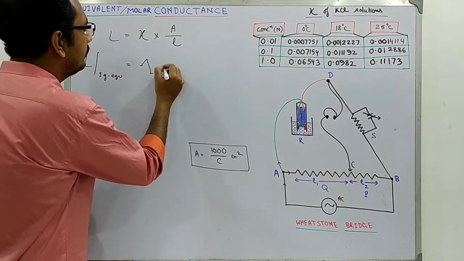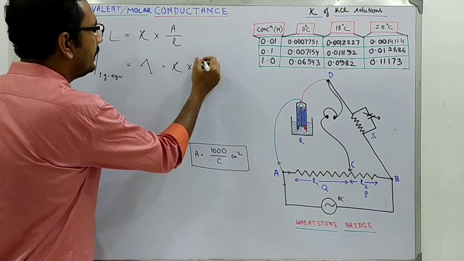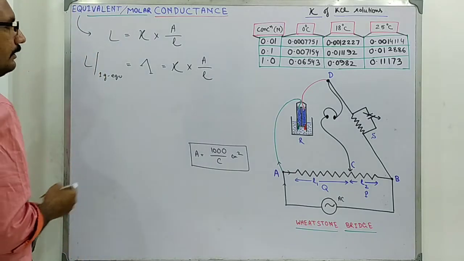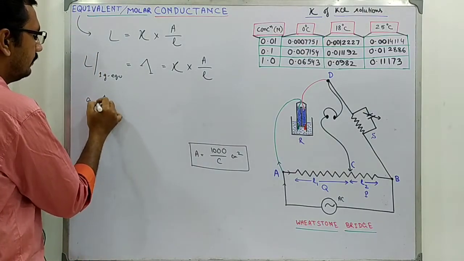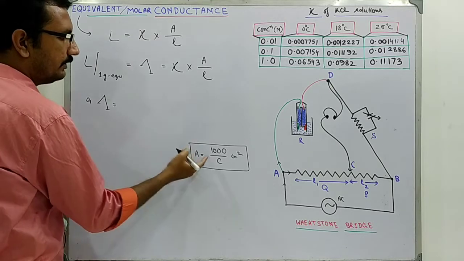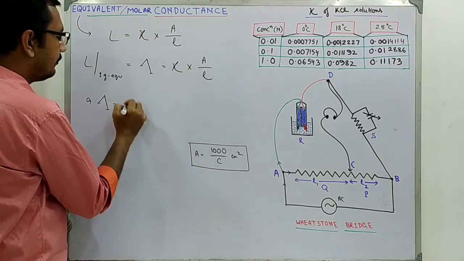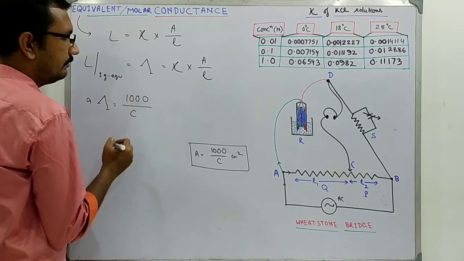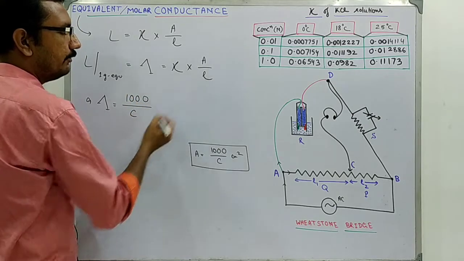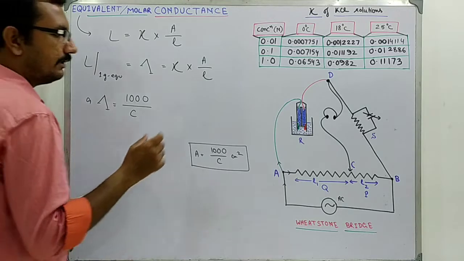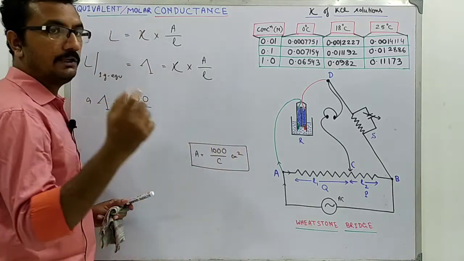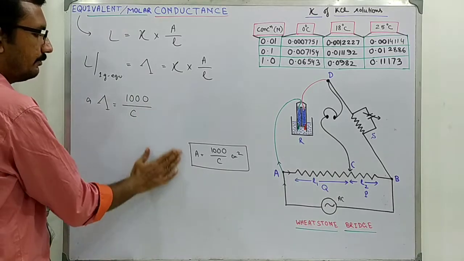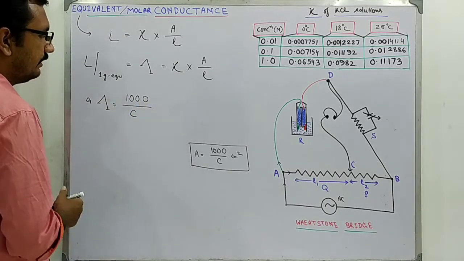So, that will be kappa into A by L, or lambda equals, put the value of the surface area of the electrode. So, it is 1000 by C. What is the value of L, that is the distance separating the two electrodes? It is 1 centimeter. You can recall the definition. The electrodes must be placed 1 centimeter apart. So, it is 1.